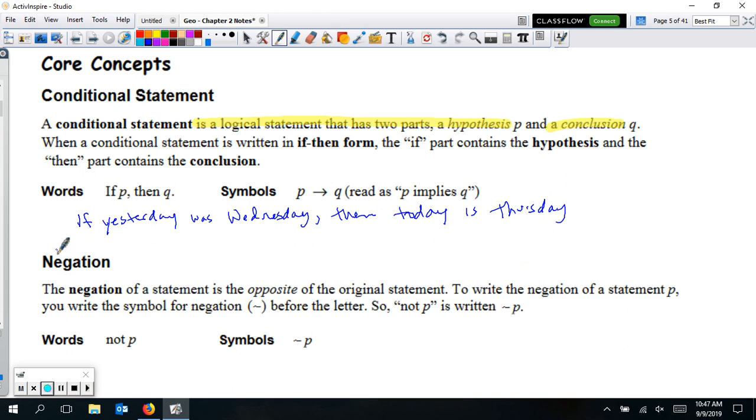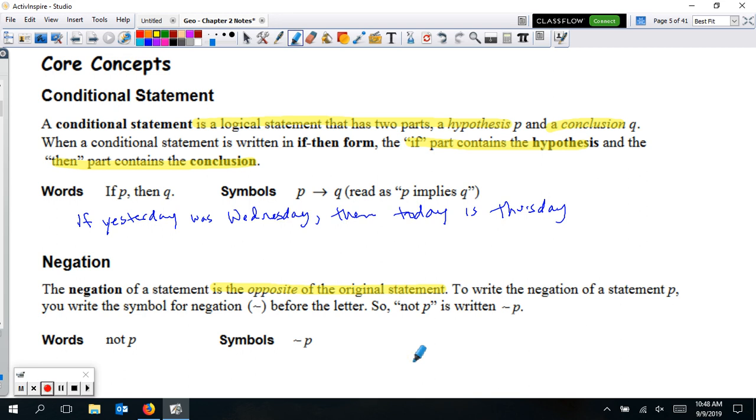So the next one is negation. It says that negation of a statement is the opposite of the original statement. That's what negation is. Up here I didn't highlight this part, but the if part is the hypothesis, the then part is the conclusion.